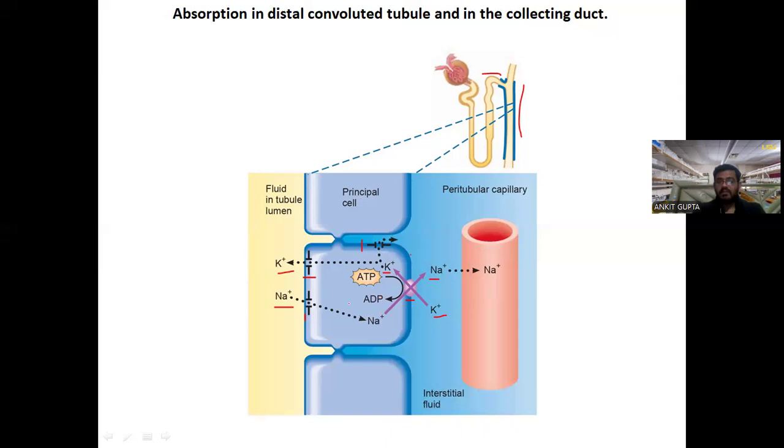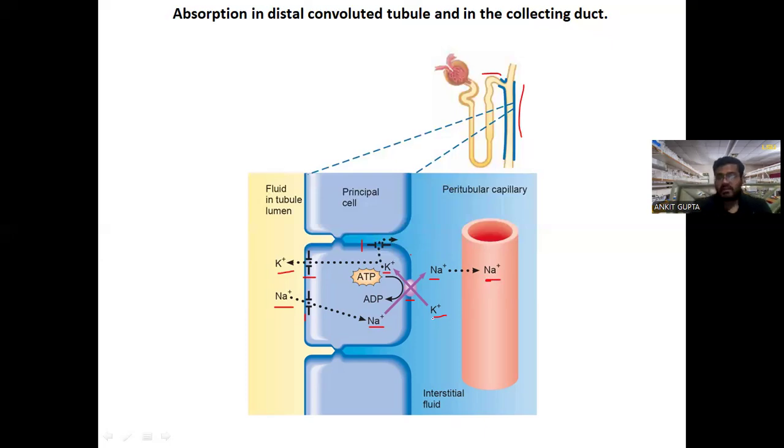So there is a constant lower concentration of sodium ion inside the cell. Because of this, the sodium in the tubule lumen moves from higher concentration to lower concentration inside the cell. Continuously, this is occurring, and it is further transported outside of the cell into the interstitial fluid and ultimately reabsorbed into the blood in the capillaries.